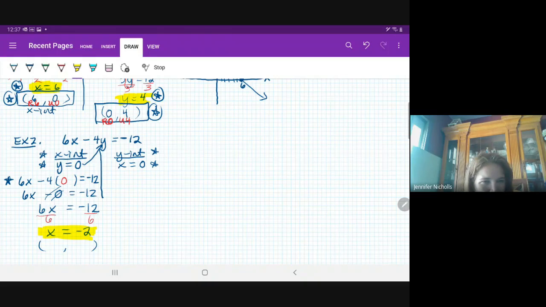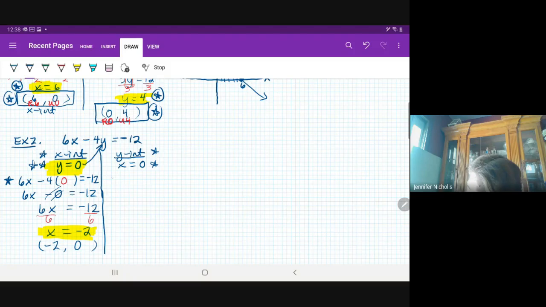But what's my y? Yeah, 0. When people don't write y equals 0, what they end up doing is they take the y from the second coordinate, like the y-intercept, and they just make one dot. It's a very common error, but the y equals 0 is the most important thing, is to write that. Okay, so negative 2, 0.